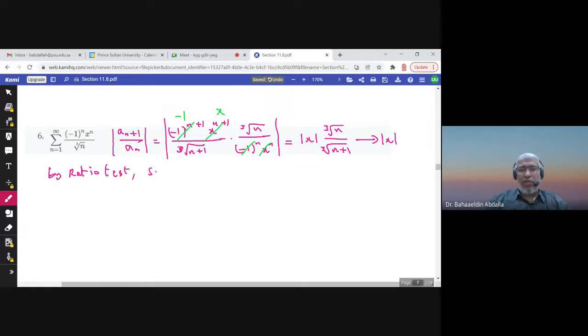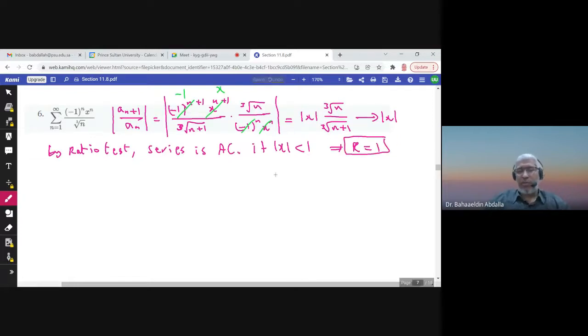So by ratio test, the series is absolutely convergent if absolute value of x is less than 1. So this again means that the radius of convergence is 1 and x is between negative 1 and 1, and we have to consider these two cases.